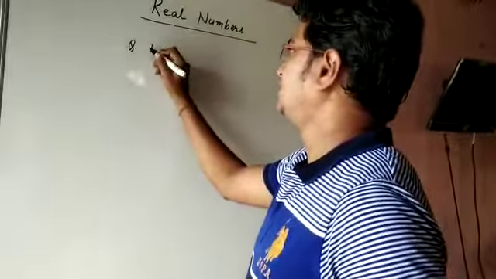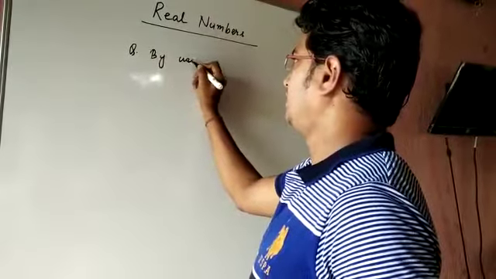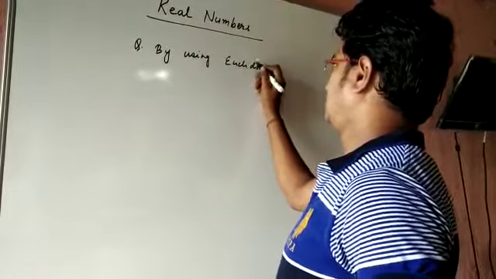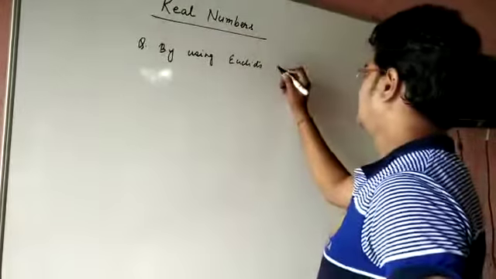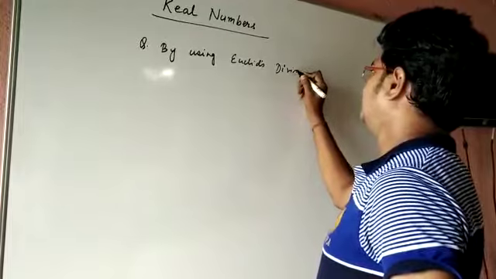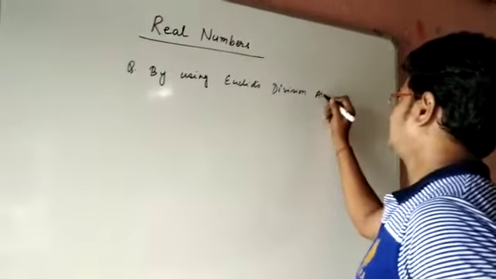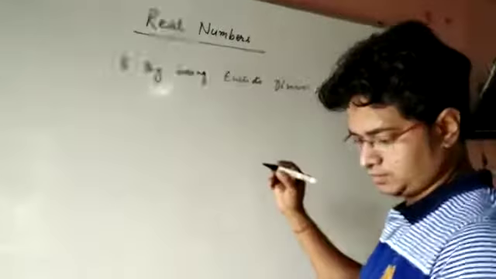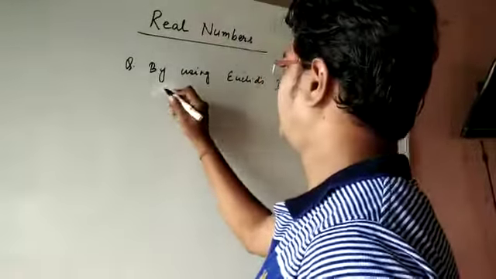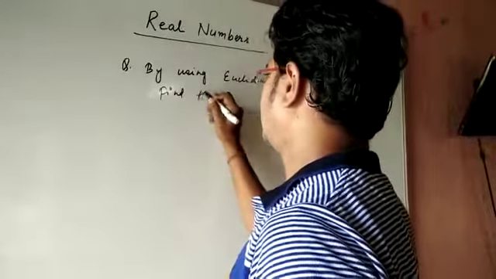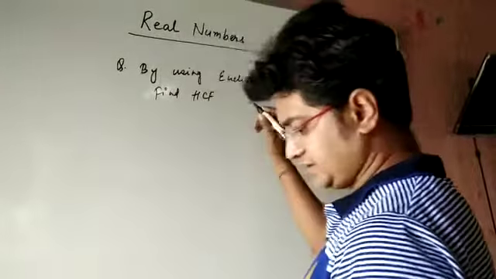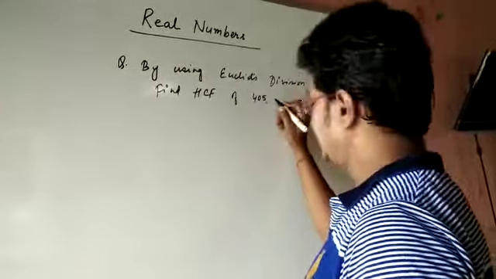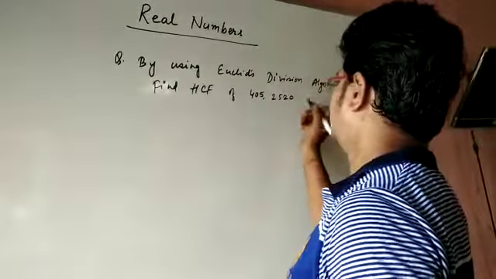Suppose we consider a question: by using Euclid's division algorithm, find HCF of 405 and 2520.